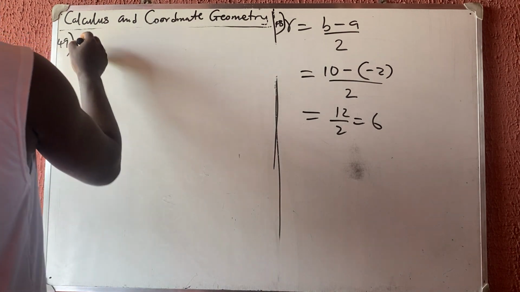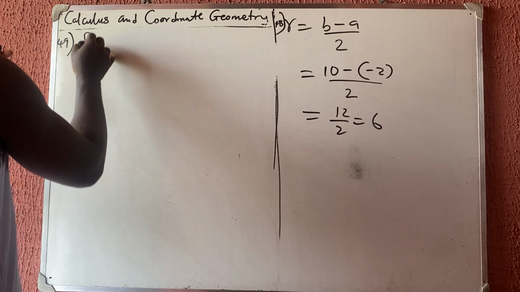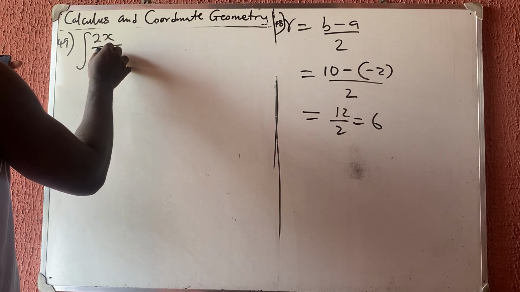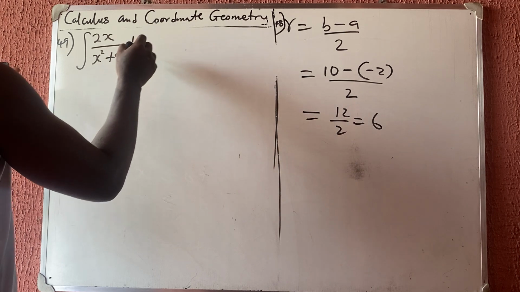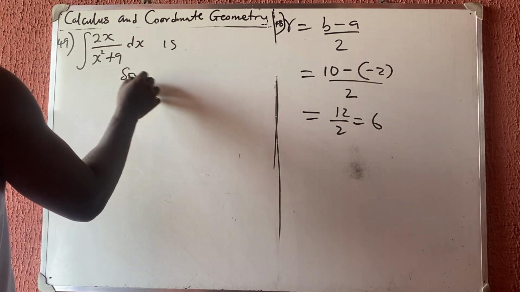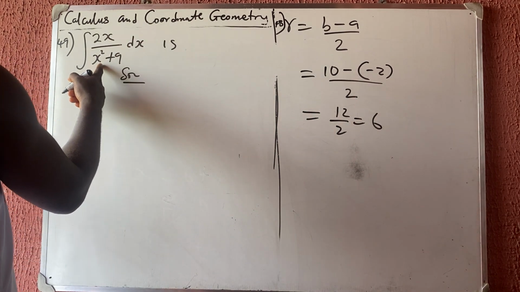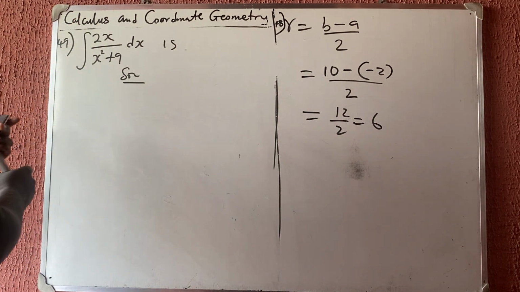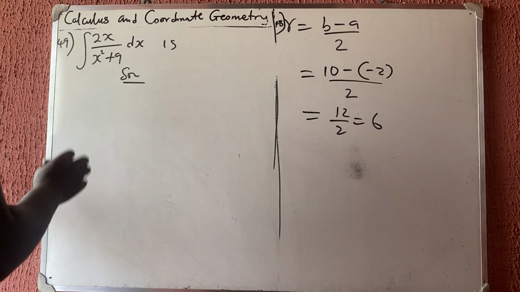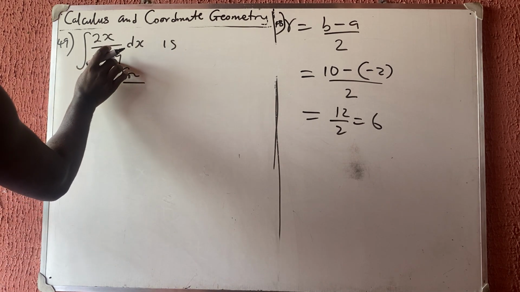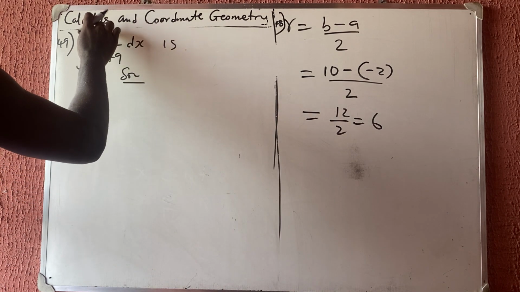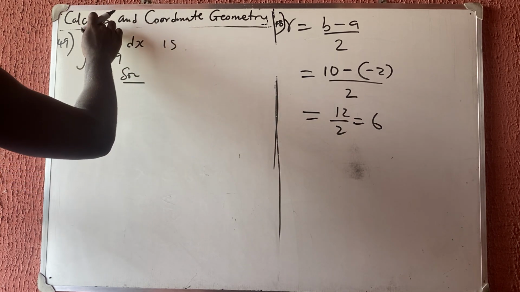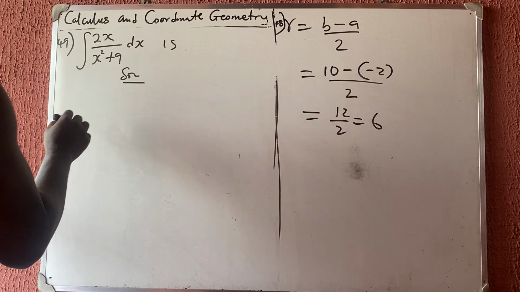Question number 49 said the integral of 2x over x squared plus 9 dx. Now the solution. Whenever you have the integral of a quotient, the first thing you try is to differentiate the denominator, and if you get the numerator, your answer is simply ln of that denominator.